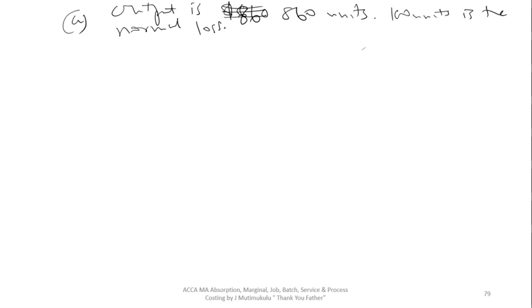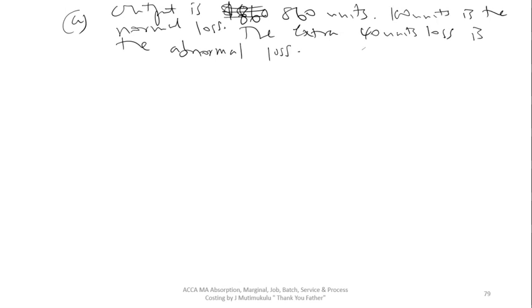Which means the extra 40 units loss is the abnormal loss, because the input was 1000 units, but we actually produced 860.